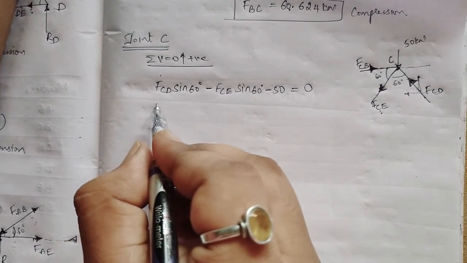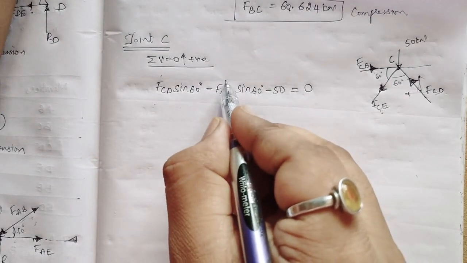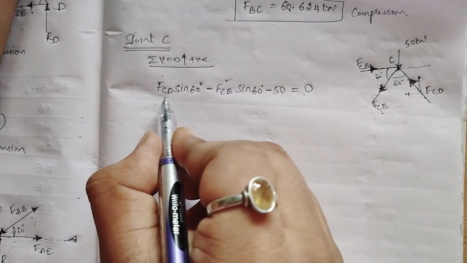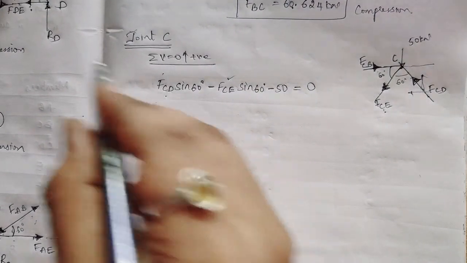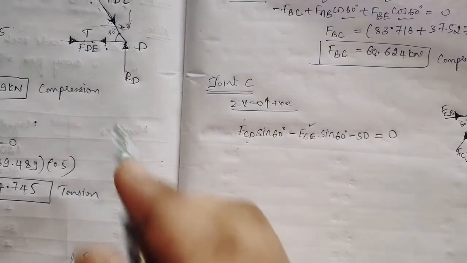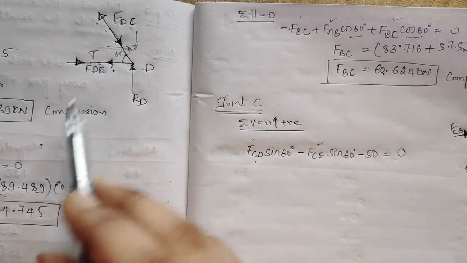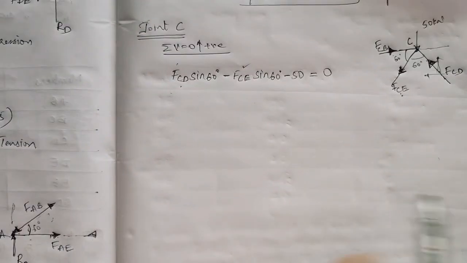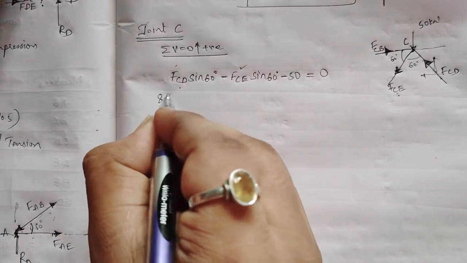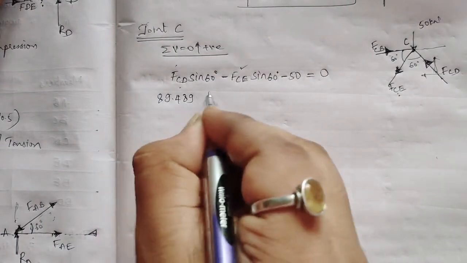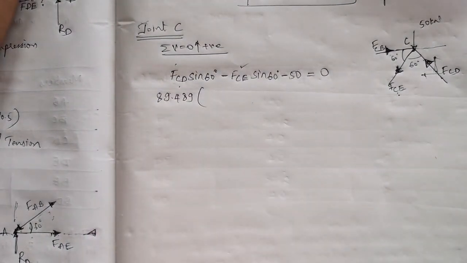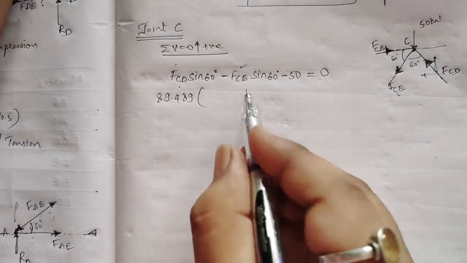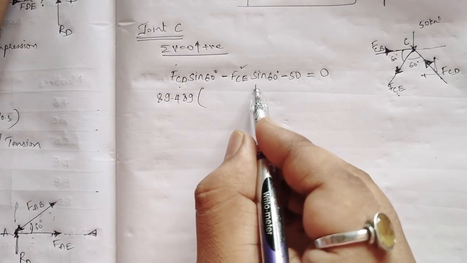Now I want to find this FCE. I know FCD, the FDC value we have found here, 89.489. So 89.489 into sine 60, or else I'll take sine 60 as common.